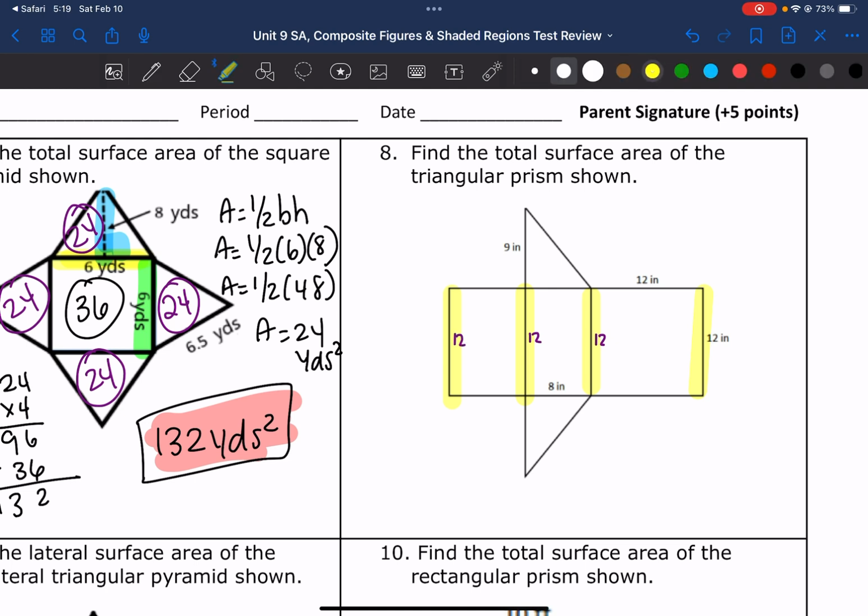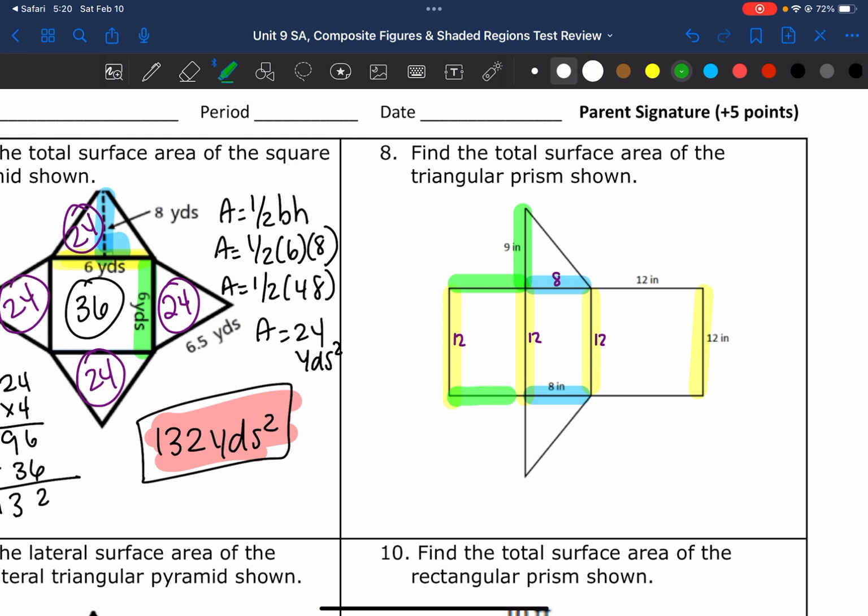Now, if this one is 8, this one right here is also going to be 8, okay? Now, here is where it gets a little tricky. When I fold this net together, when I bring up this piece to fold it, and I bring this piece to fold it up, that means these two are going to touch.